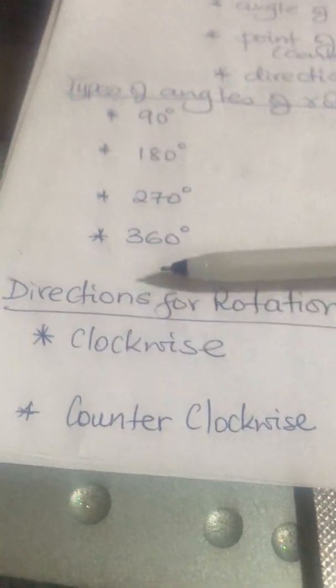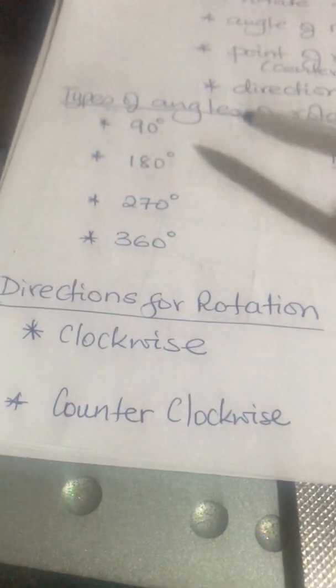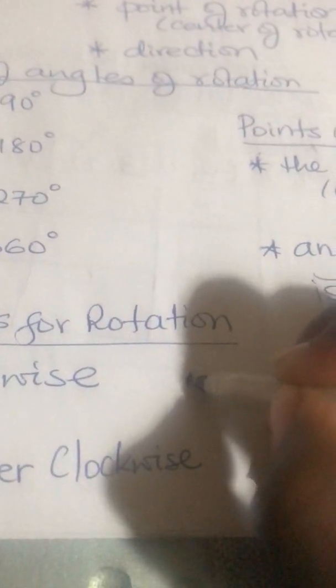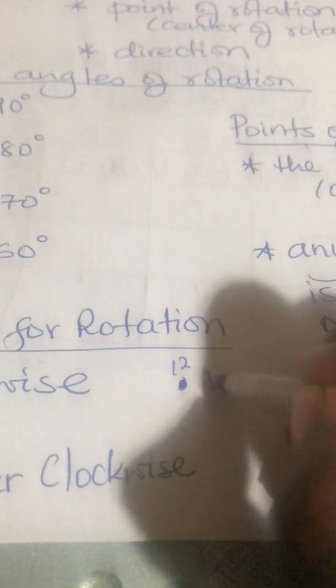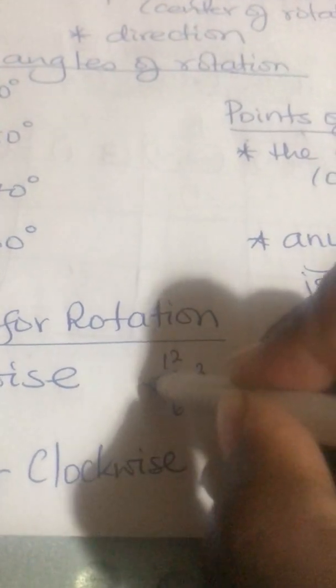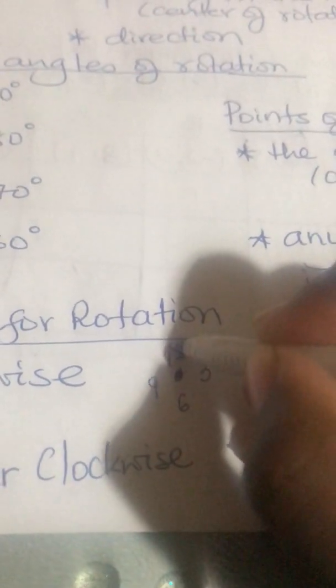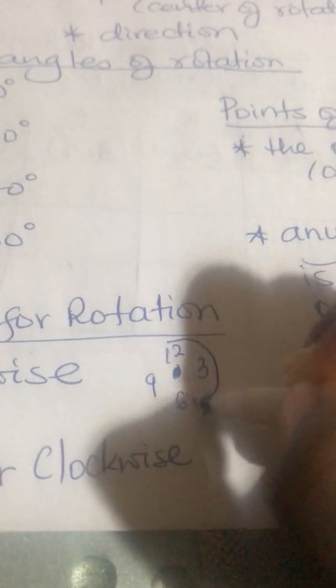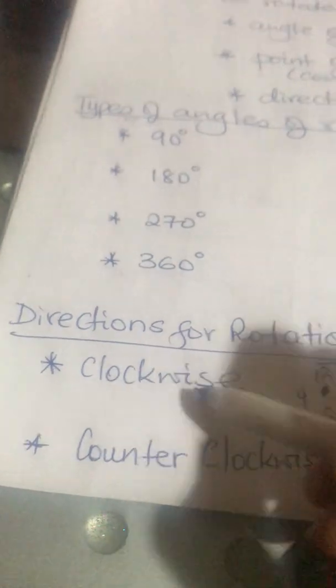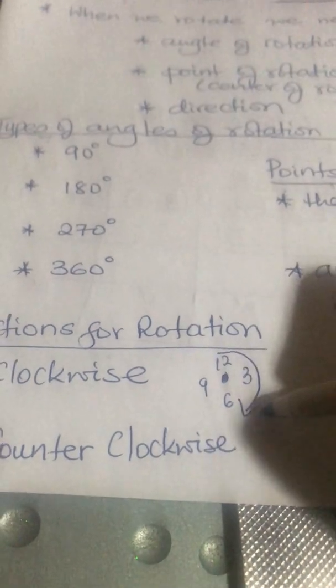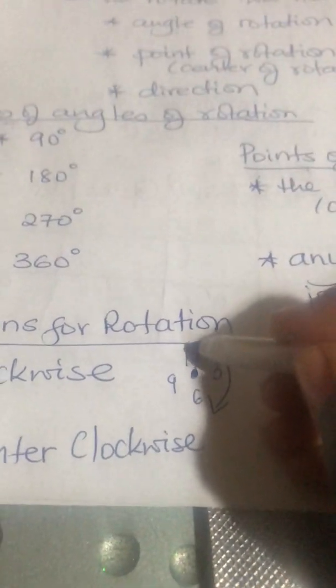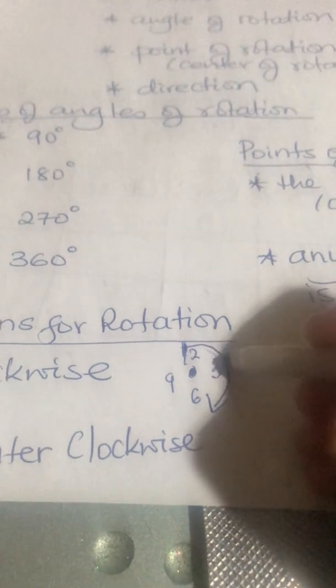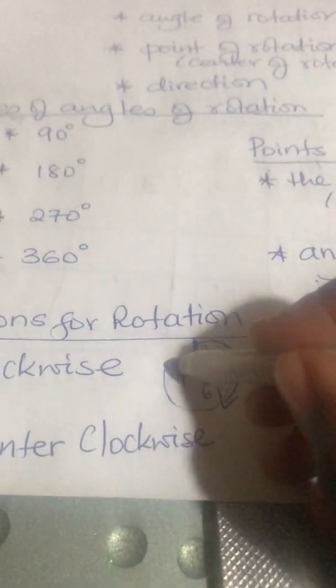Then they will tell you whether to rotate clockwise. So this is your clock. This is 12. This is 3. This is 6. This is 9. When you rotate clockwise, you go this way. You follow the clock. You start here and you go from 12, 3, 6, like this.